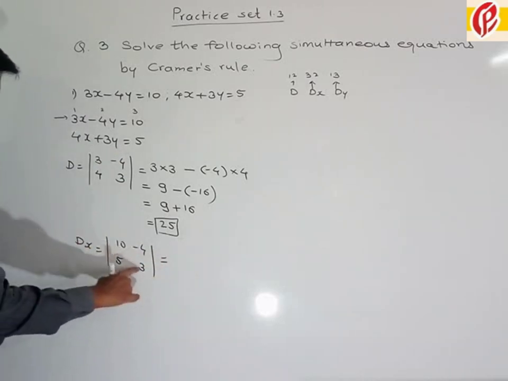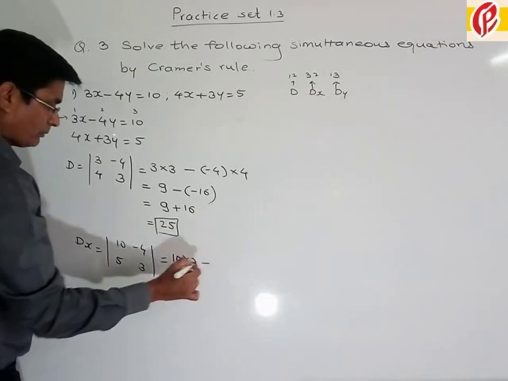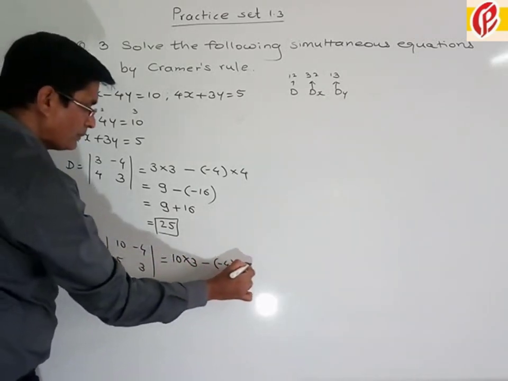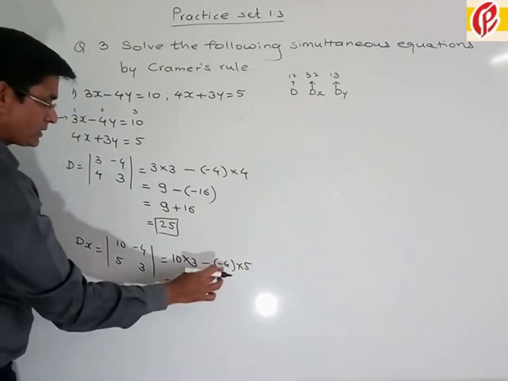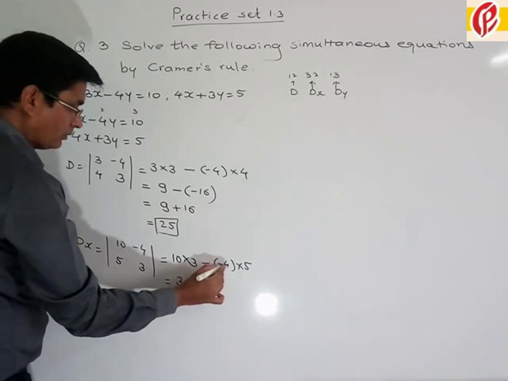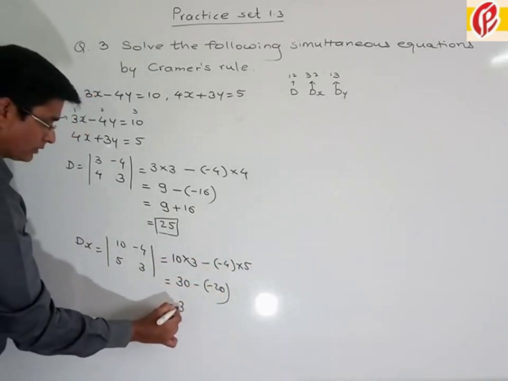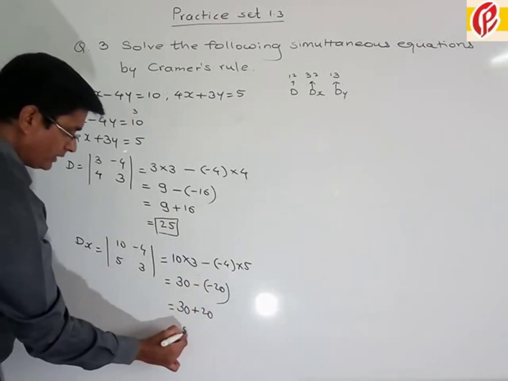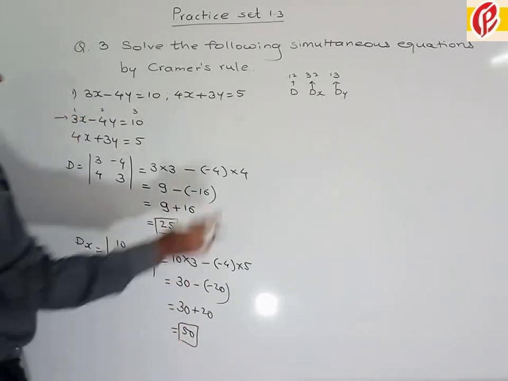Then find the value of dx by cross multiplication, 10 into 3, then minus sign, minus 4 into 5. So 10 into 3, 30, minus in bracket 4 5s are 20, minus 20. Therefore 30 plus 20, we get 50. So dx is equal to 50.